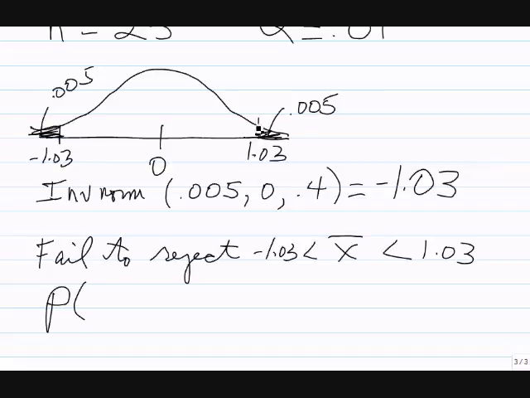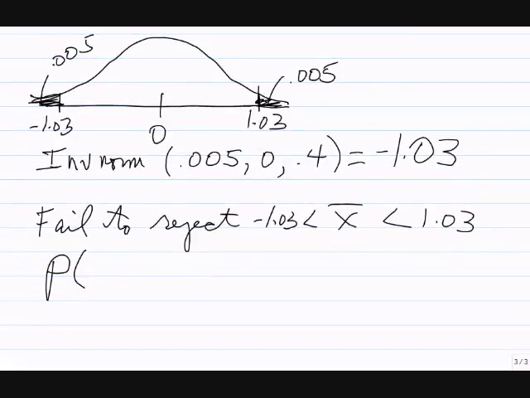So that 1.03 is just a place on the x-axis for me. And if I get a mean bigger than that, say 1.33, I will reject my null hypothesis. It's just a place marker on that distribution.